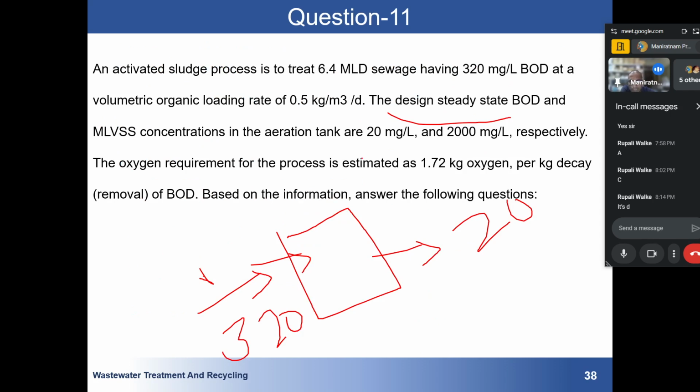The oxygen requirement is estimated as 1.72 kg oxygen per kg BOD, meaning of whatever amount of COD is being removed, this much oxygen is needed.